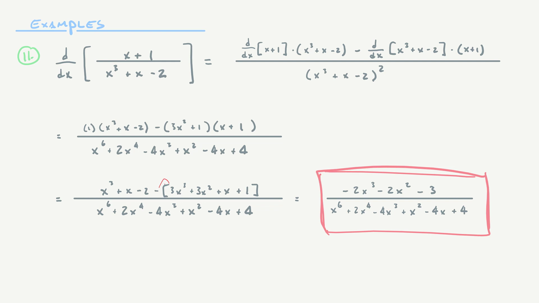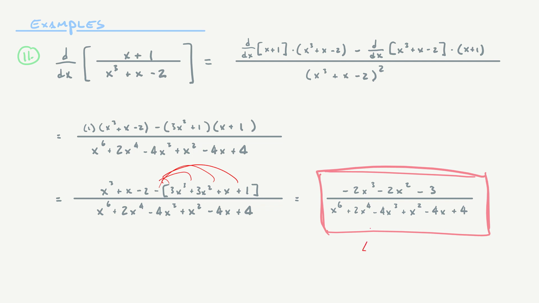Right, I distributed the negative sign here, and then I combined all the like terms that I could, and I got that the derivative of (x plus 1) divided by (x cubed plus x minus 2) is negative 2x cubed minus 2x squared minus 3 divided by x to the 6th plus 2x to the 4th minus 4x cubed plus x squared minus 4x plus 4.